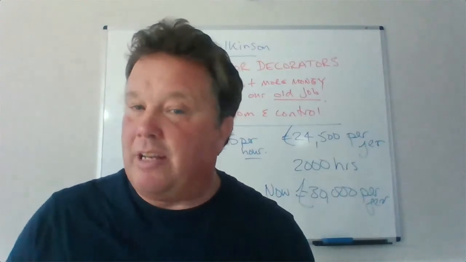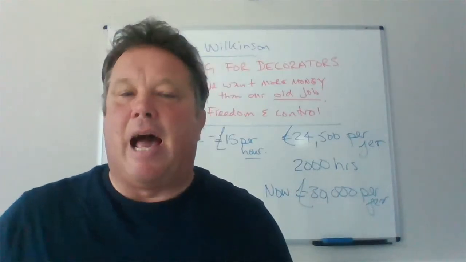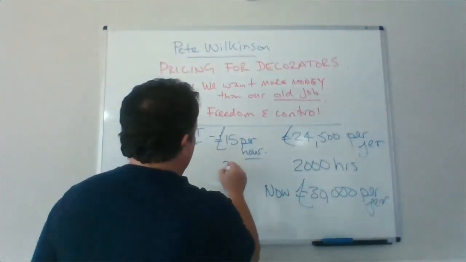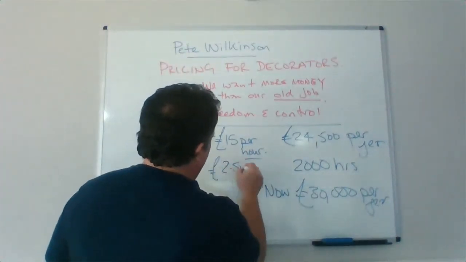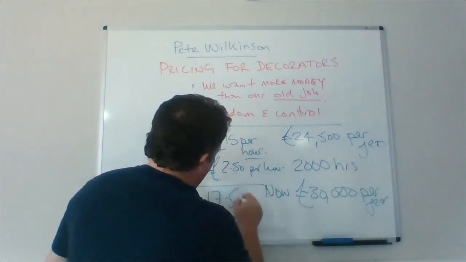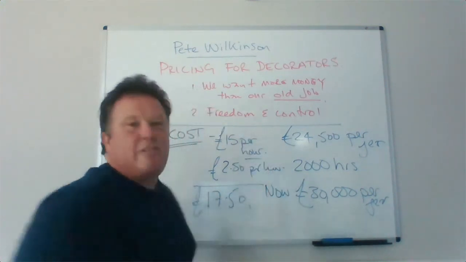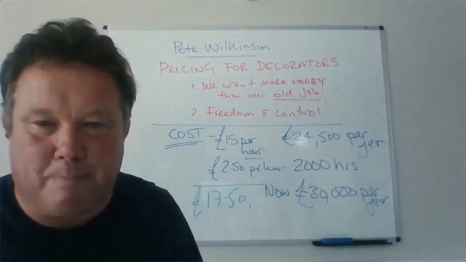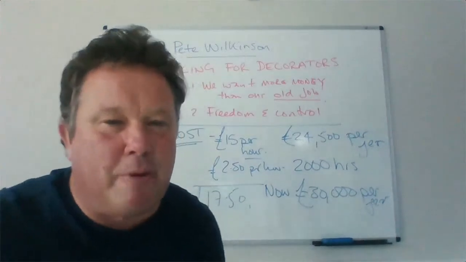It could be more. It depends on how you run your business. I'm going to use that, and that's an extra £2.50. So you want £17.50 an hour minimum. And then you've got your materials on top of that.